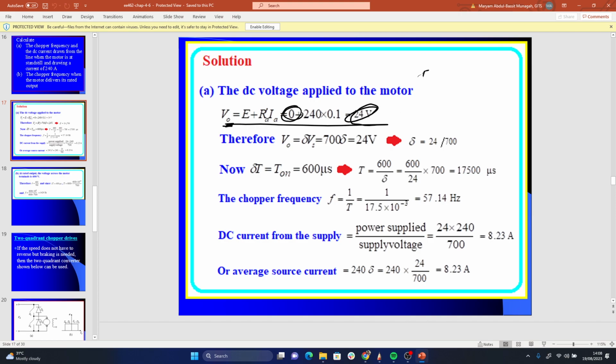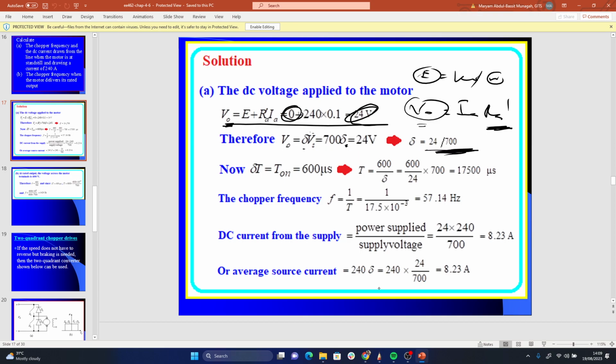E is K phi omega. Omega 0 means E is 0. It means my V naught is equal to IA RA prime, the total resistance. So I'll find my total resistance here. Once I have my V naught, I can put it into this formula to find my delta. So I have my delta here.